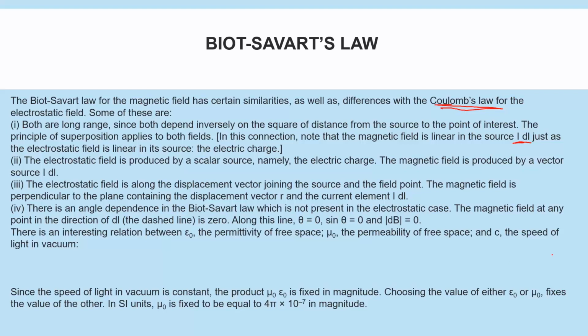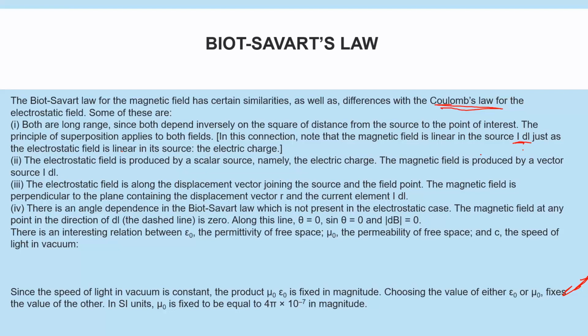IDL is the product of the current and the line element, or whatever we are considering, maybe moving charge also. So that is going to be the source. The magnetic field is linear in this source, and the electrostatic field is linear in its source, the electric charge.